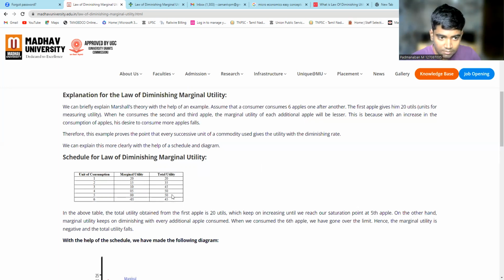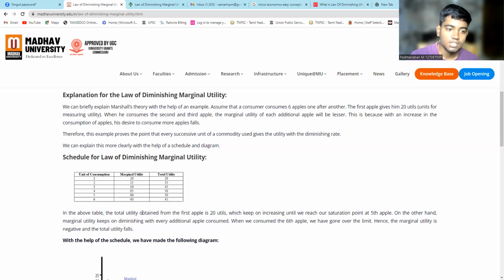The total utility remains positive only to the extent the marginal utility is positive. When marginal utility becomes negative, the total utility also starts to decrease. This is the concept we come to know in the law of diminishing marginal utility.